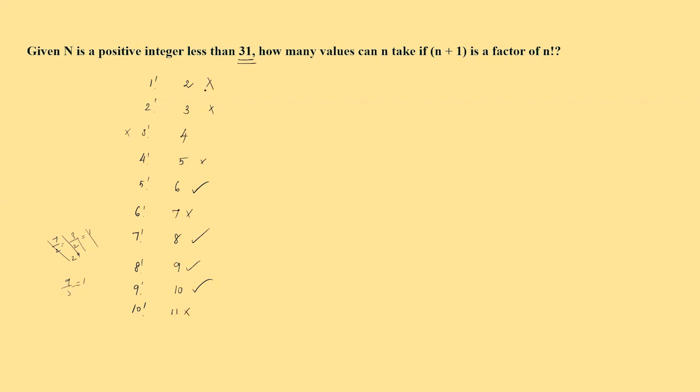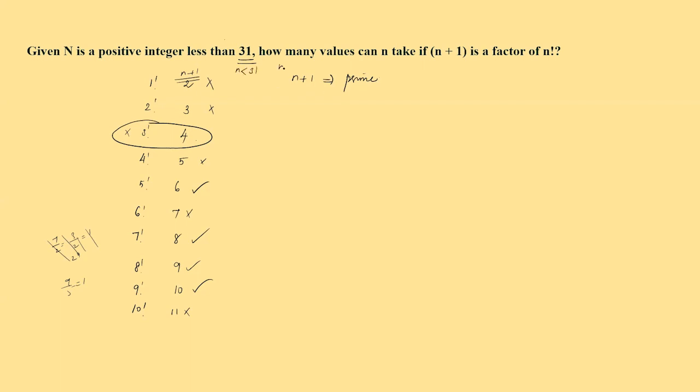So that's it. Okay. So if you look now, other than this particular value, wherever n plus 1 is a prime number, it did not work out. So figure out all the values here for n plus 1, with the condition that n is definitely less than 31.